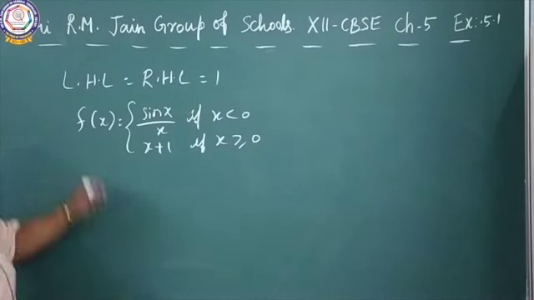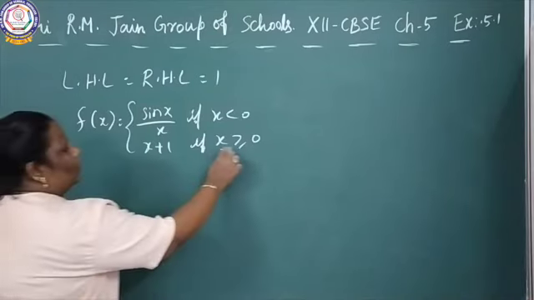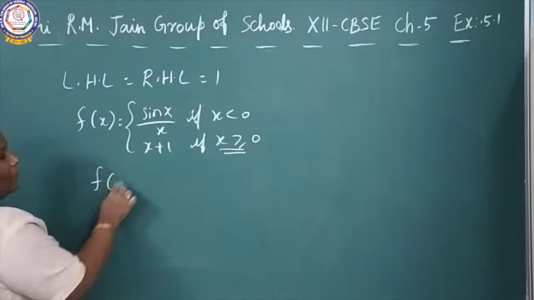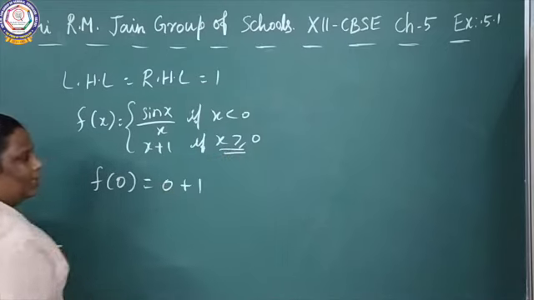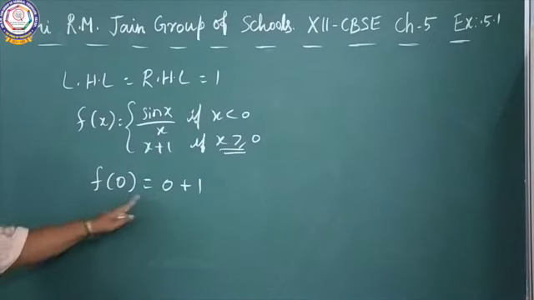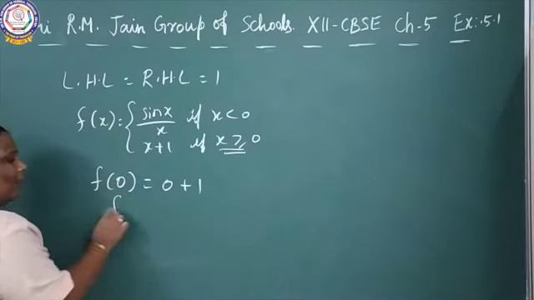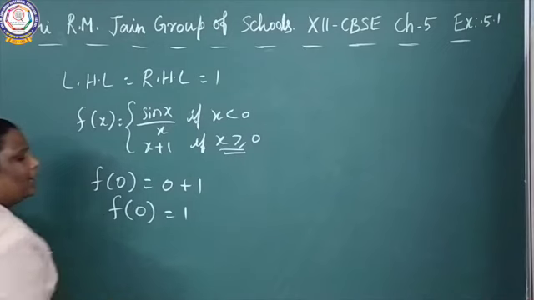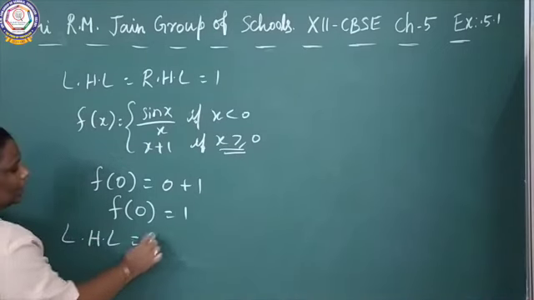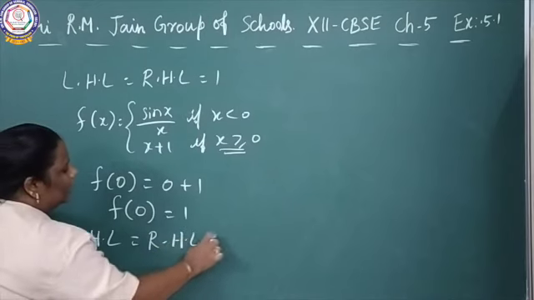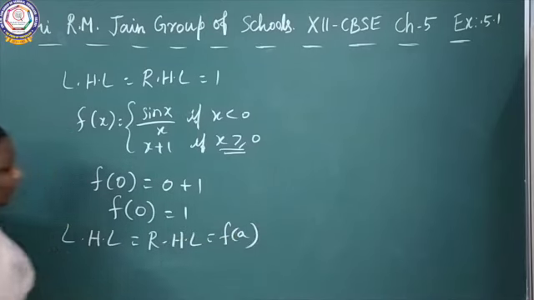See here, left hand limit equals right hand limit equals 1. Now we will check f of 0. F of 0 equals 0 plus 1, that value is also 1. So left hand limit equals right hand limit equals f of a.